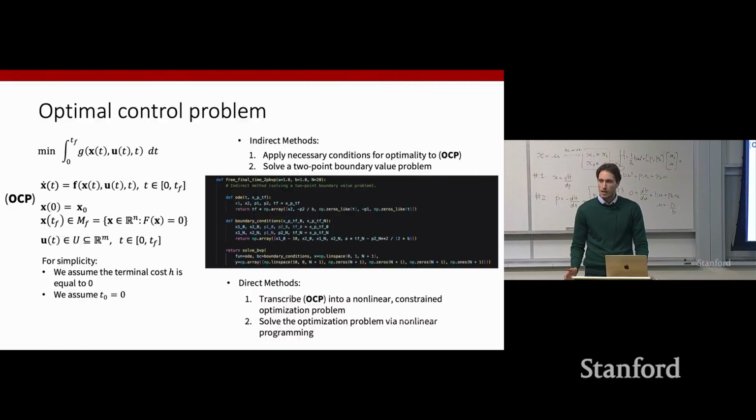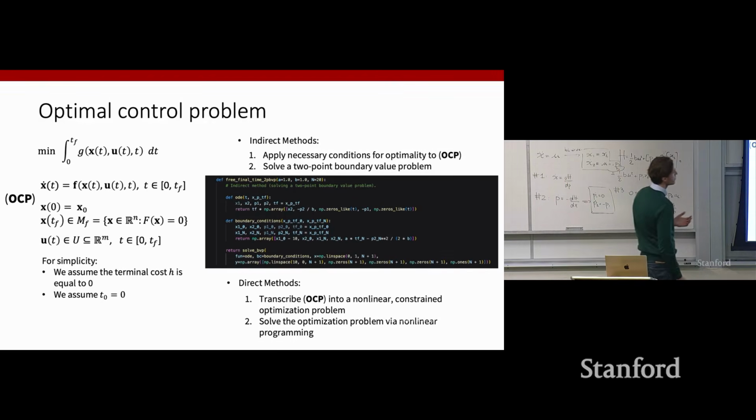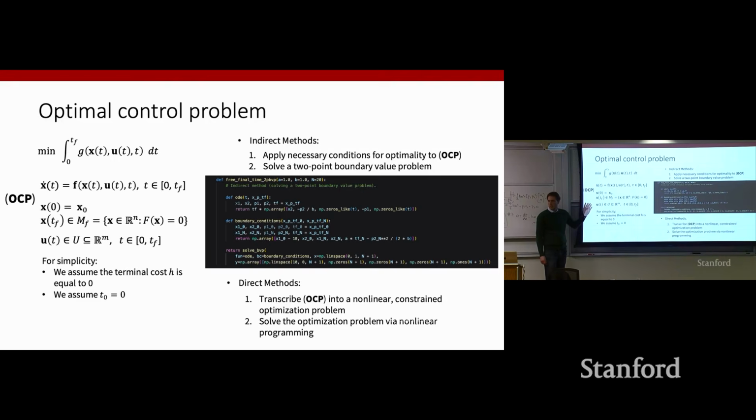Direct methods are, if you want, the reciprocal of indirect methods, and in a way, I would say that direct methods are probably the more natural approach to optimal control problems, if we were to have discussed this a couple of weeks back. Because nominally what we do is we take the optimal control problem in continuous time, we discretize time and turn this into a nonlinear and constrained optimization problem.